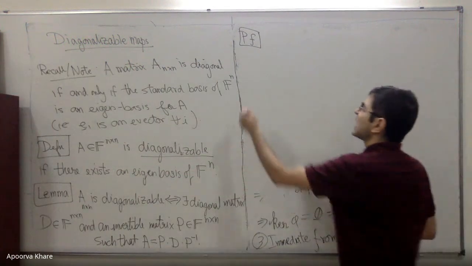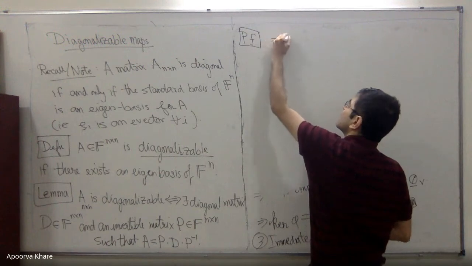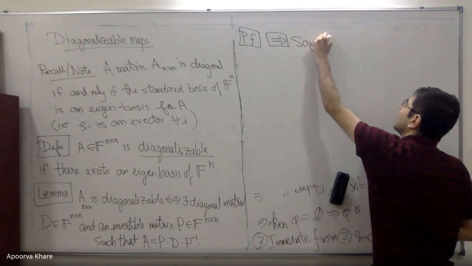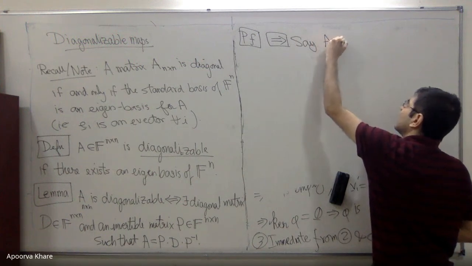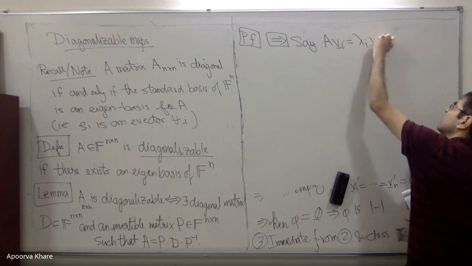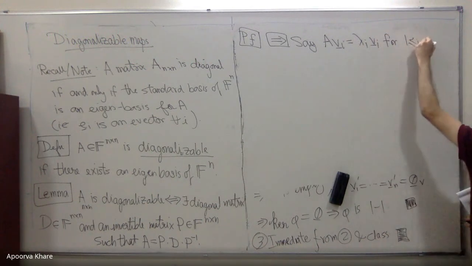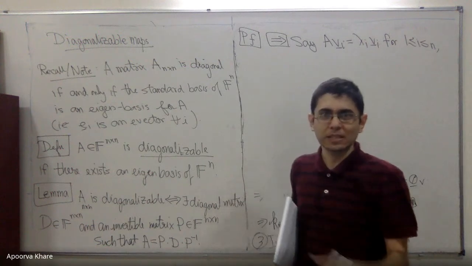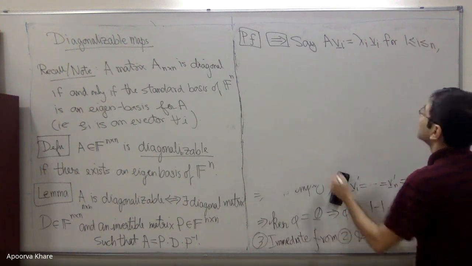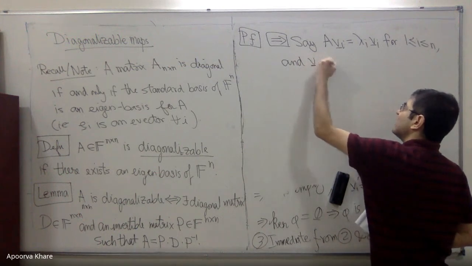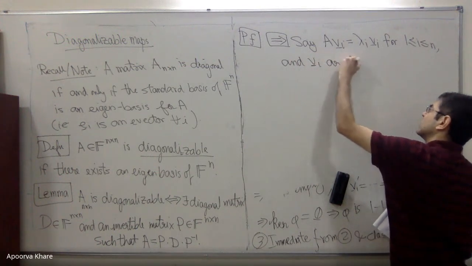Let's start with A is diagonalizable, then there exists a basis, say A VI equals lambda I VI for 1 less than or equal to I less than or equal to N. So remember, this is of F to the N, so the basis must have size N. So that's the basis, V1, V2, up to Vn, and the VI are linearly independent.